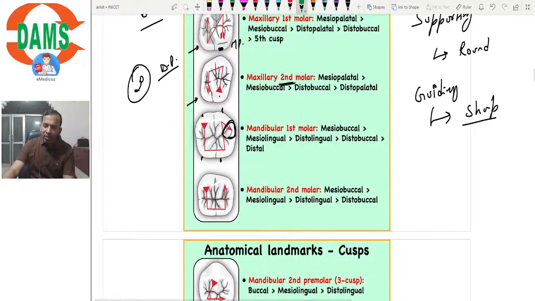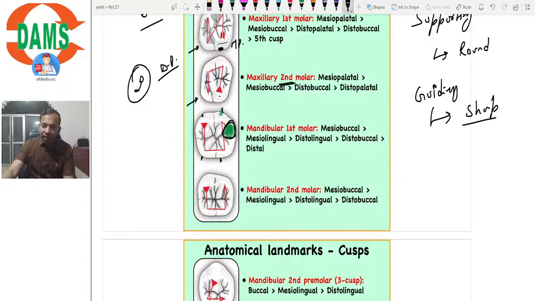Now, why do we call it distal cusp and not distopalatal or distobuccal? Why don't we call it distolingual or distobuccal cusp? इसको डिस्टोबक्कल कस्प क्यों कह रहे हैं? Why are we not calling it buccal cusp simply and this one distobuccal? Because the distobuccal cusp is not located on the buccal surface.